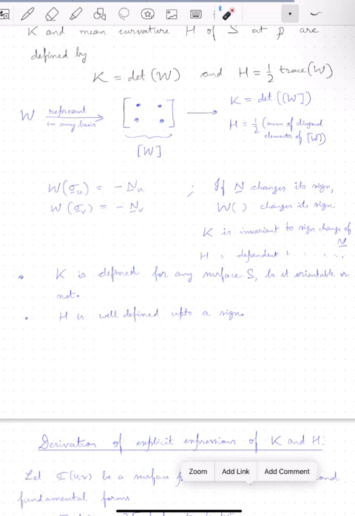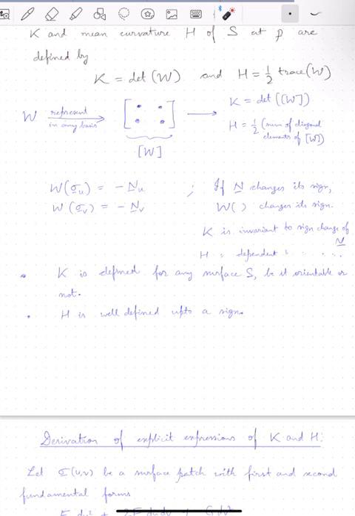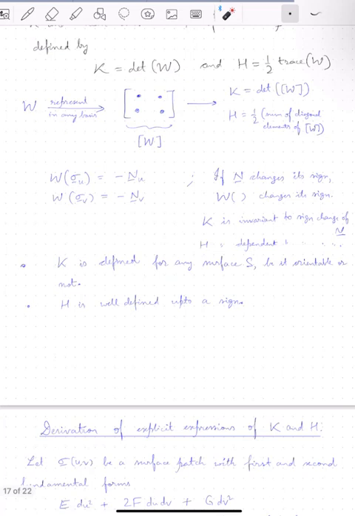And if n changes its sign, then W, of course, will change its sign because it's linearly dependent on it. This implies that K is invariant to the sign change of n, because the determinant involves a product between two such derivatives of the normal vector.